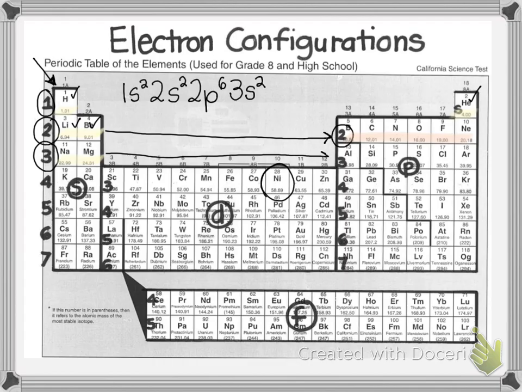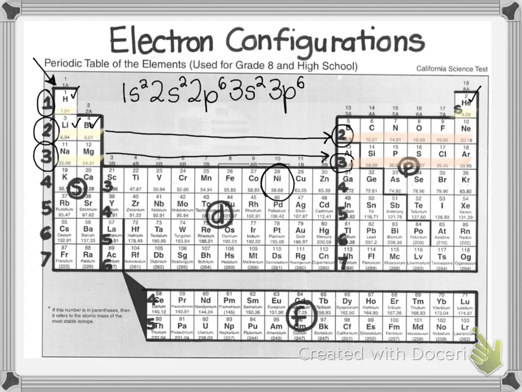We keep going. Now I'm in the third energy level of the p's, and I'm going to go all the way across to get to argon. So that would be 6. So right now I would be at argon. If I stopped here, this is the electron configuration for argon, but I'm not going to stop here.